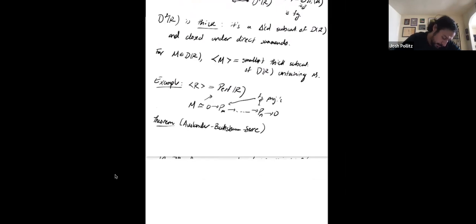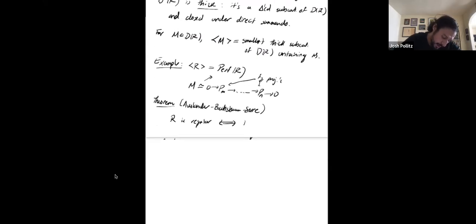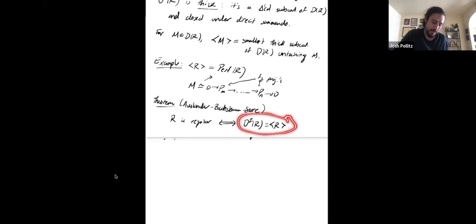R is regular if and only if D^f(R), everything in the bounded derived category, is also in the smallest thick subcategory generated by R. This is saying that everything has finite projective dimension. Every complex has finite projective dimension. Every module has finite projective dimension.